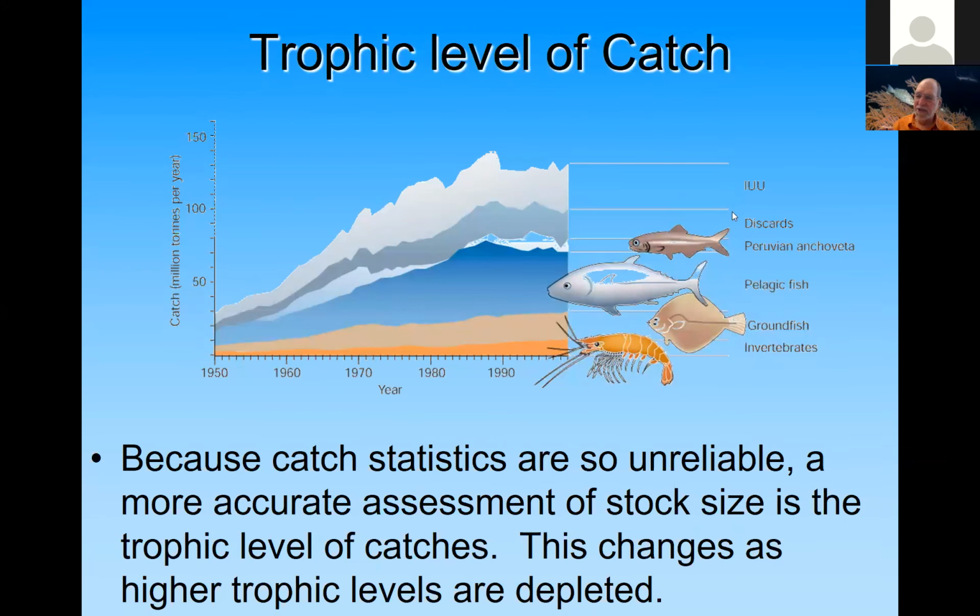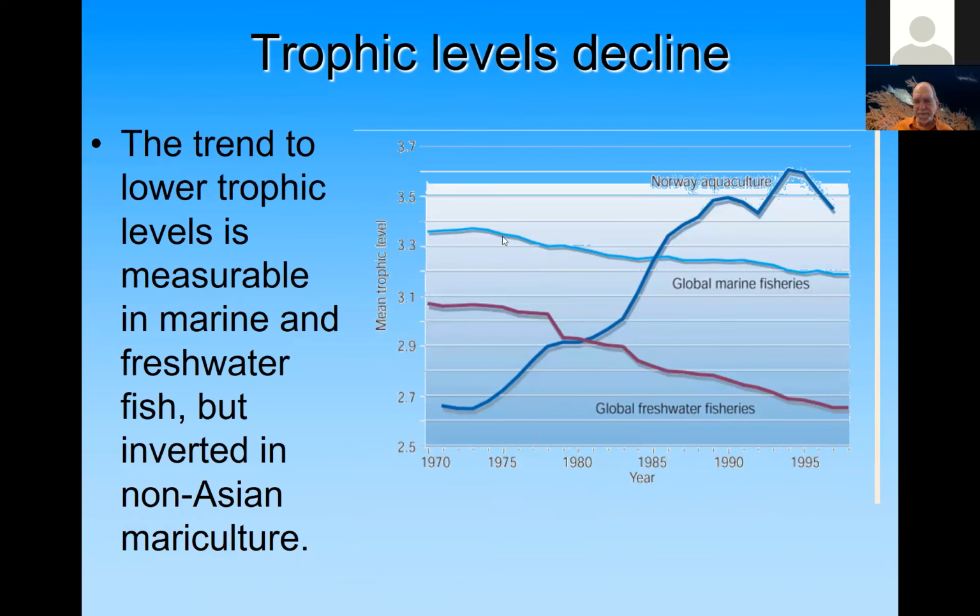Just like I showed you with shifting baselines, if populations are overexploited, you're going to get a shift from fish that are high up in the food chain, higher trophic level fish, to lower trophic level fish. Pauly looked at this over time and concluded that the trophic level of global fish and freshwater fish was going down, as an indication of global overfishing.